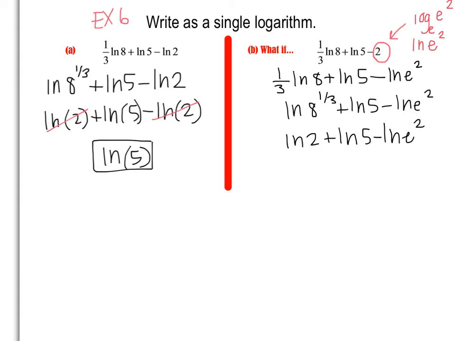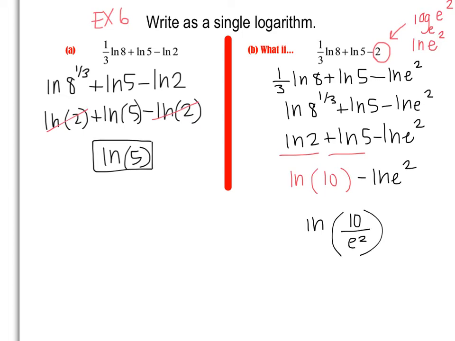And then any addition becomes multiplication. So that's ln of 2 times 5, or 10. And any subtraction becomes division. So we have the natural log of 10 over e squared. So that's condensed to a single natural log.